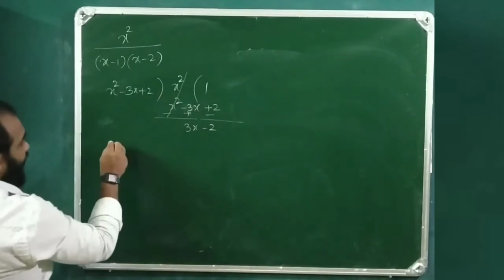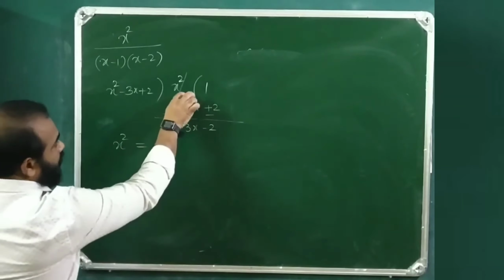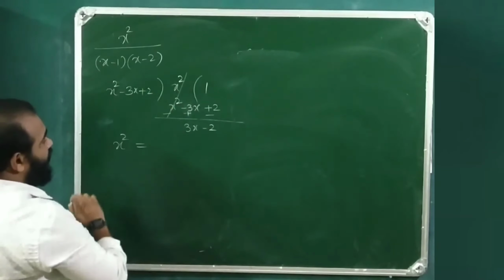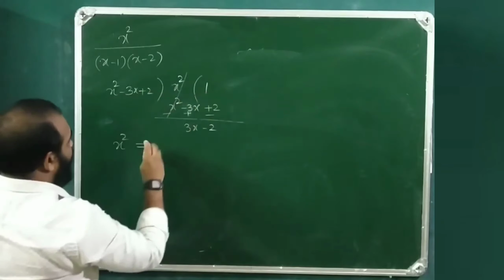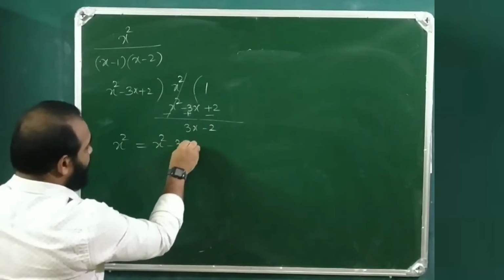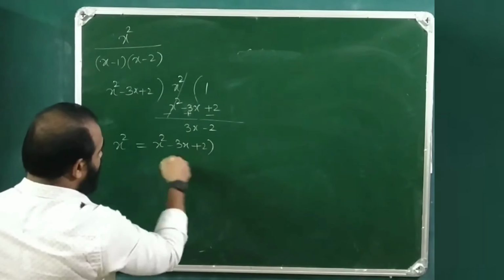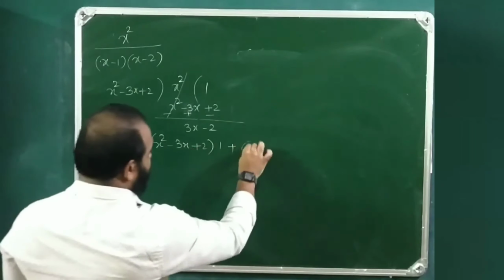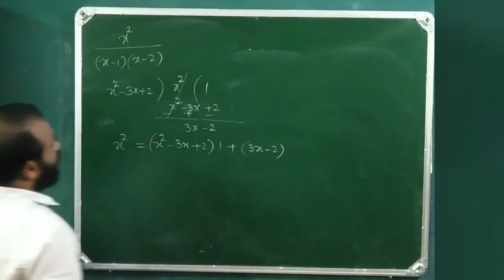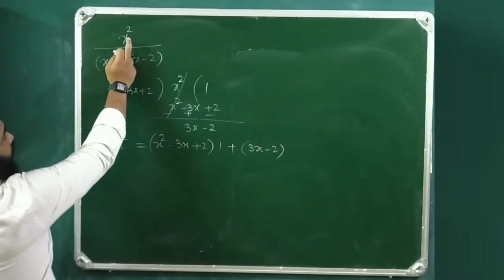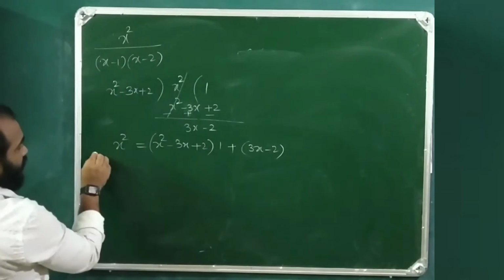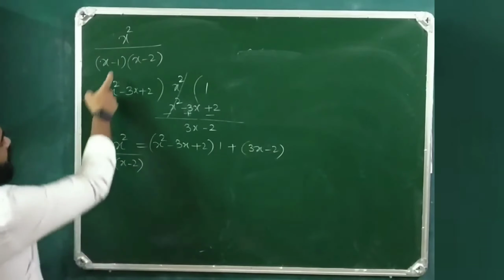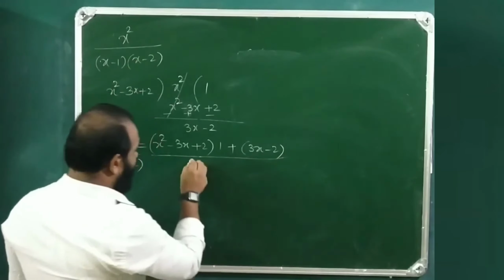Now x square is equal to, according to the division algorithm, f of x is equal to g of x into q of x plus the remainder: x square minus 3x plus 2 into 1 plus 3x minus 2. To get this, I'll divide by x minus 1 into x minus 2 on both the sides.